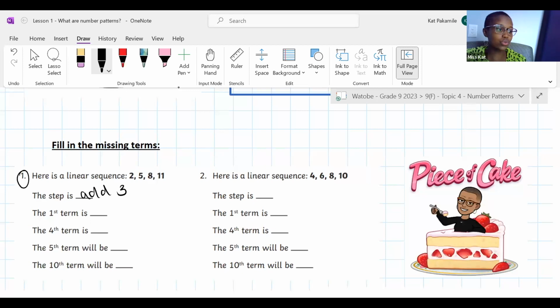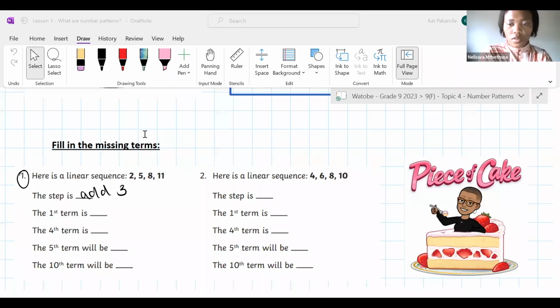Vocabulary is very important, so you need to know what I'm asking when I say, give me the first term. Type it in the chat. What is the first term?